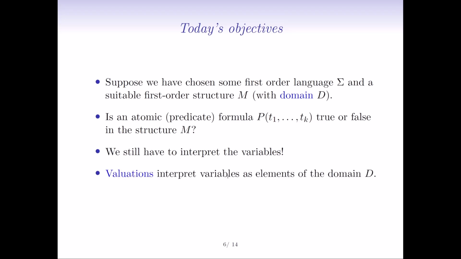So this gives rise to the idea of a valuation. Even when you've picked a fixed meaning for the function and predicate symbols, the variables denote elements of the domain or objects in the chosen universe, and they can vary, but we can talk about any particular chosen interpretation of the variables, and for that we use something called a valuation.